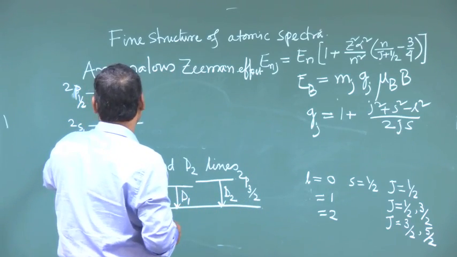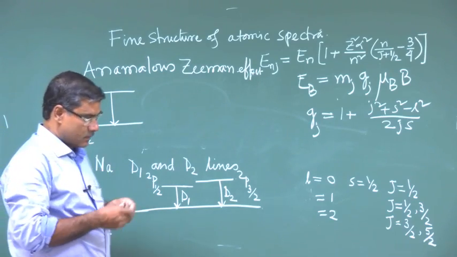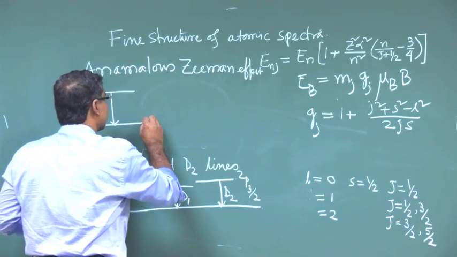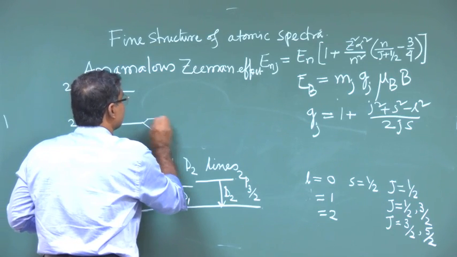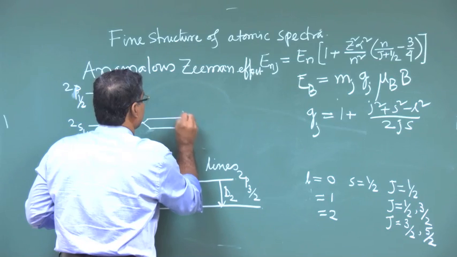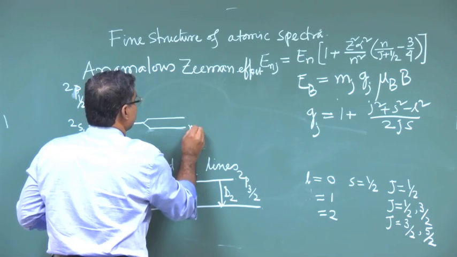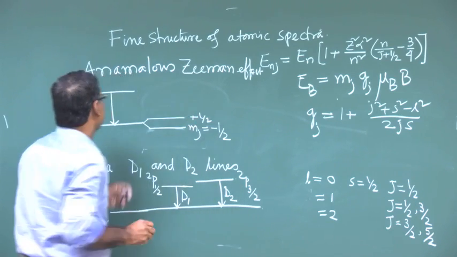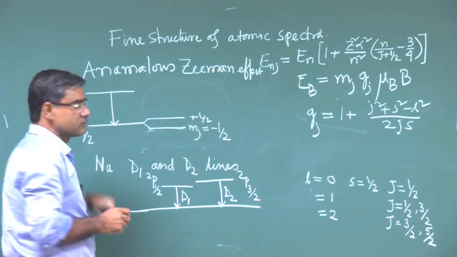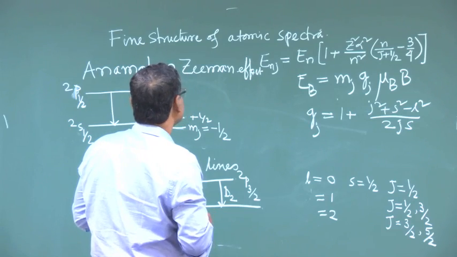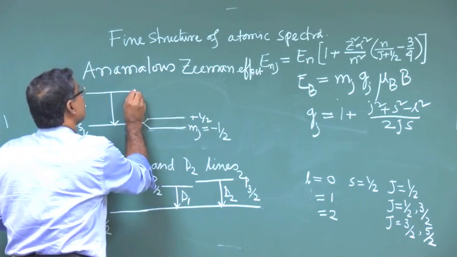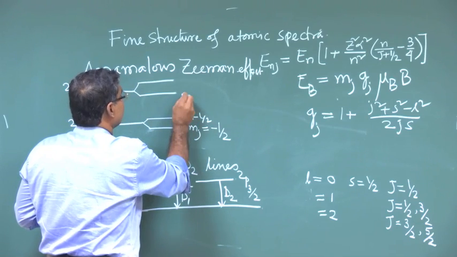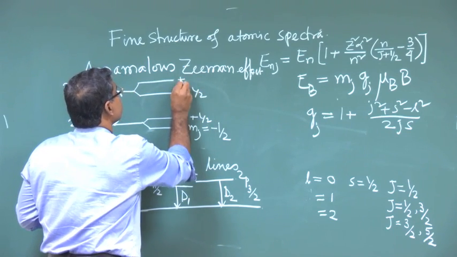Here j equals half, so mj will be plus half and minus half, and it will be split into 2 levels. Similarly for P, here j is also half, so mj again has 2 values, and it will be split into 2, minus half and plus half.